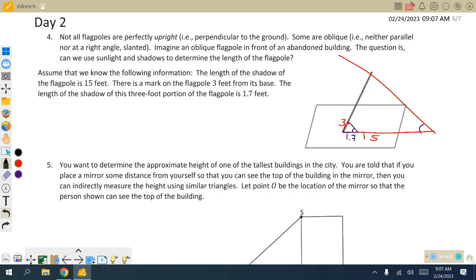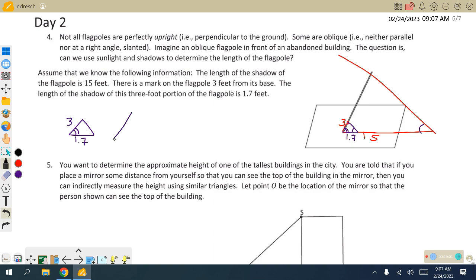As we separate these two triangles, these two angles right here at the flagpole, it's the same angle, right? We've seen that multiple times here recently. So I'll separate these two triangles. We've done it quite enough where it probably isn't necessary, but we've got that shared angle here with a 3 and a 1.7.